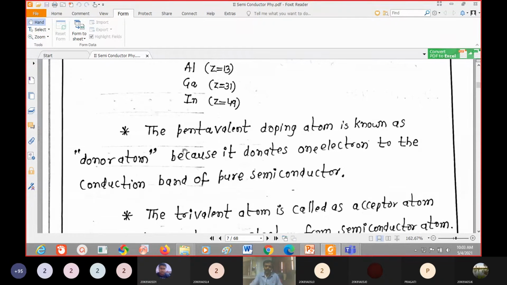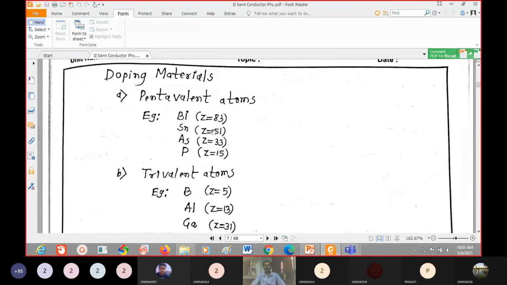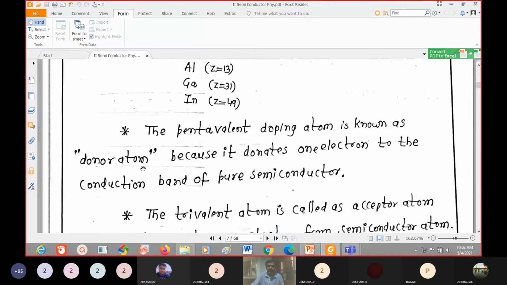Pentavalent means there are 5 valence electrons in the outermost shell, whereas silicon or germanium has only 4 valence electrons. So a pentavalent atom donates electrons. That's why we call these pentavalent elements donor atoms.